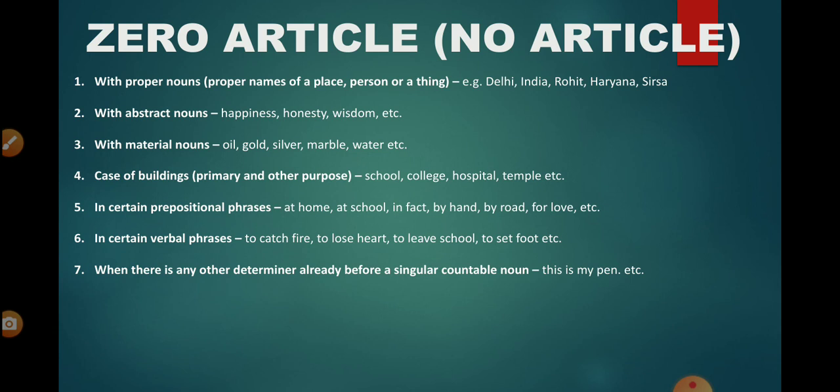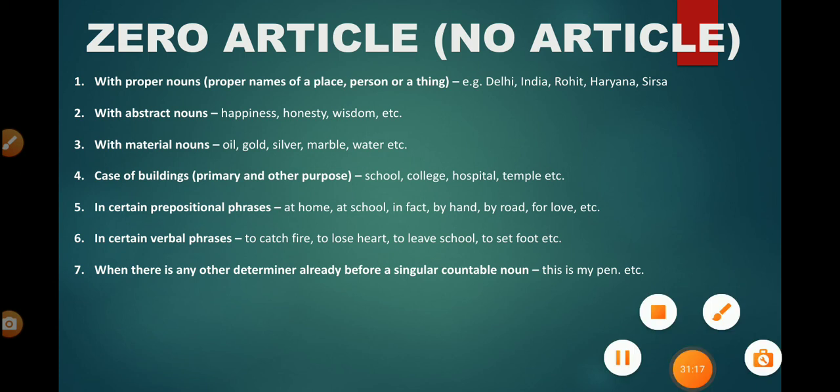And we say, I went to the hospital to see my sick uncle, because he was sick. So this is how this rule will be used with some particular building names.